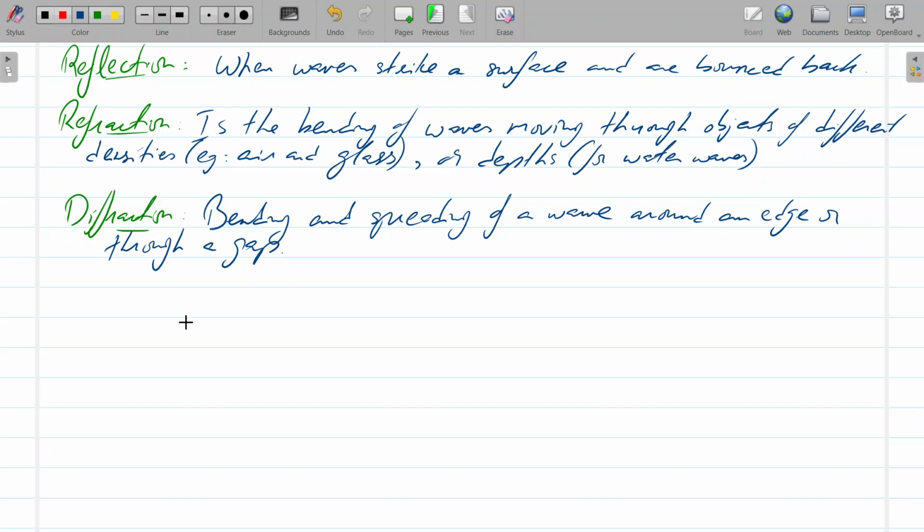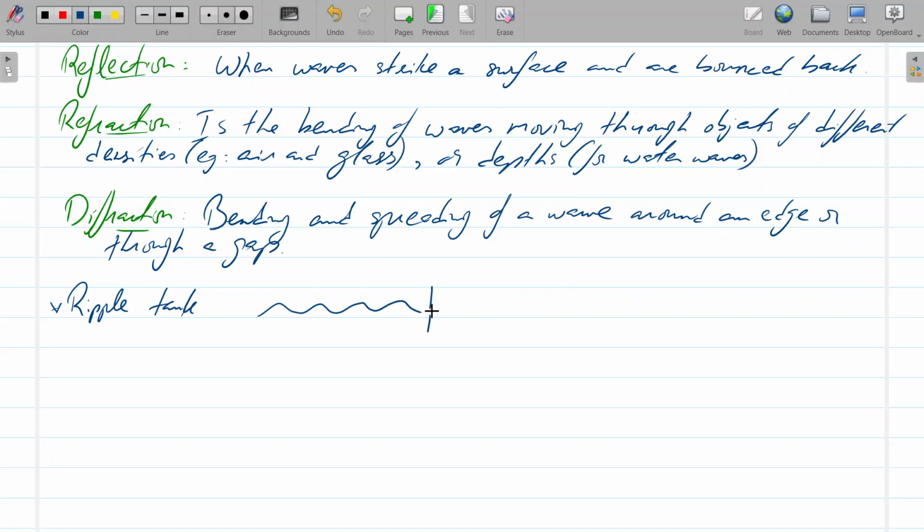They mention an instrument called the ripple tank. So that's an instrument that has water plus a device to generate waves in the water. And then they have an obstacle over here.